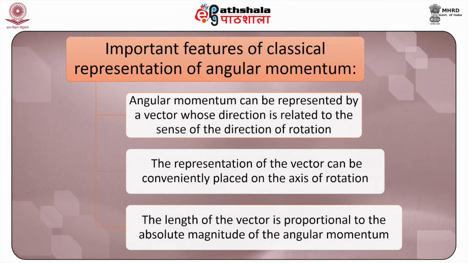The important features of the classical representation of angular momentum are: first, the angular momentum can be represented by a vector whose direction is related to the sense of the direction of the rotation. Next, the vector can be conveniently placed on the axis of rotation, and the length of the vector is directly proportional to the absolute magnitude of the angular momentum.